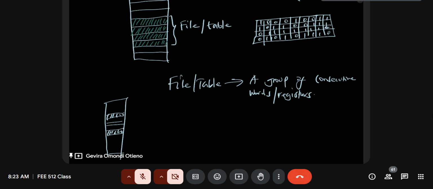Now, again, different PLC manufacturers will have their own set of data manipulation instructions. So what we are going to discuss today is not the entire set of data manipulation instructions that you may encounter in the industry.